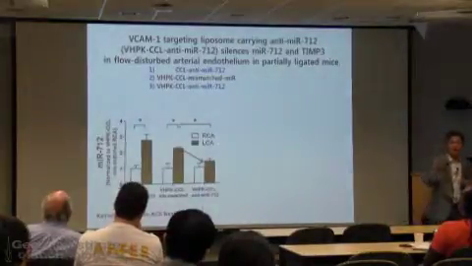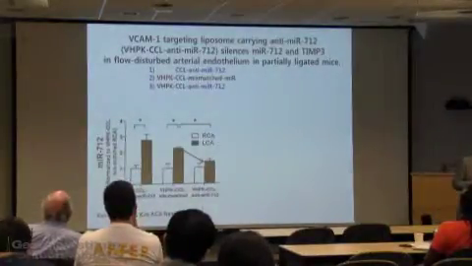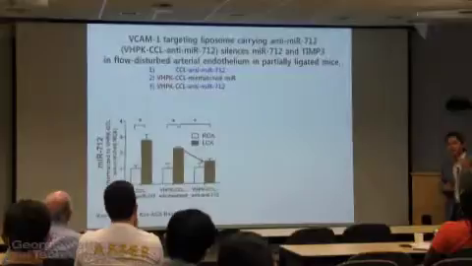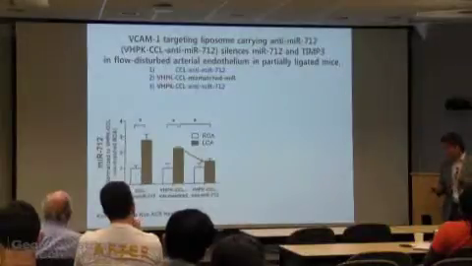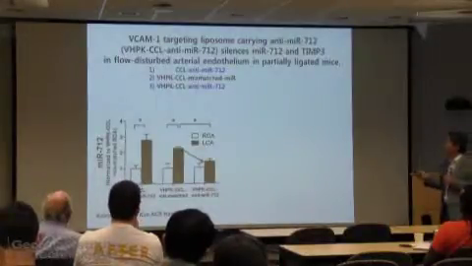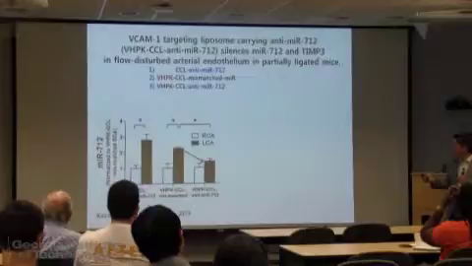I'm going to skip the in vitro data, but we were able to show that in vitro, it goes into the cells and works really specifically to block MIO-712. This is in vivo data.